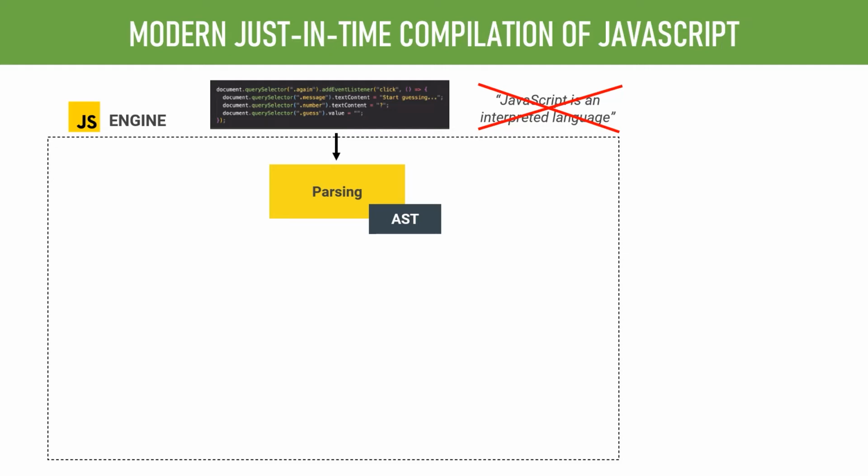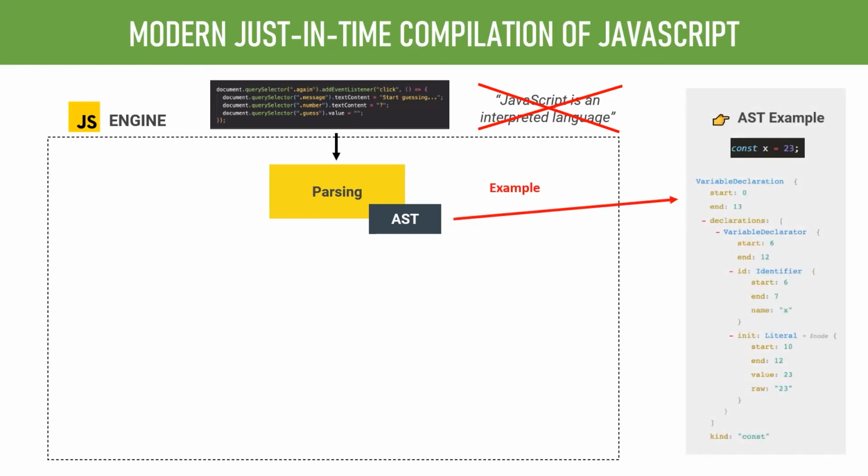So, this works by first splitting up each line of code into pieces that are meaningful to the language, like the const or function keywords, and then saving all these pieces into the tree in a structured way. This step also checks if there are any syntax errors, and the resulting tree will later be used to generate the machine code. Now, let's say we have a very simple program. All it does is declare a variable like this, and this is what the AST for just this one line of code looks like.